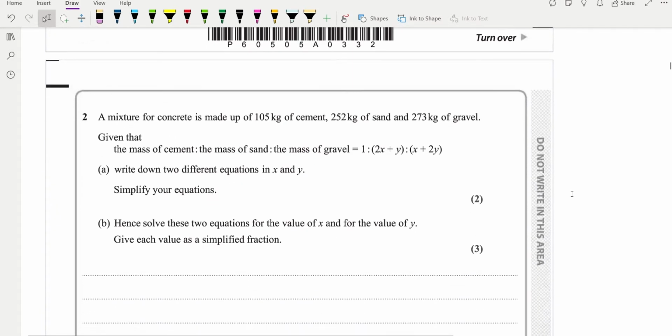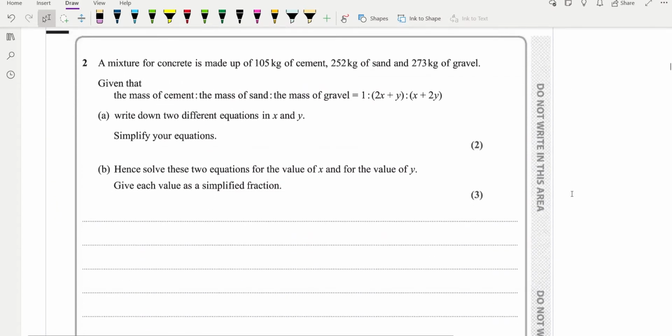Question number 2 says a mixture of concrete is made up of 105 kg cement, 252 kg of sand, and 273 kg of gravel.